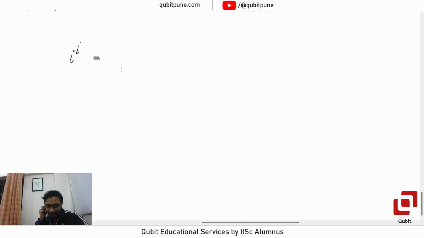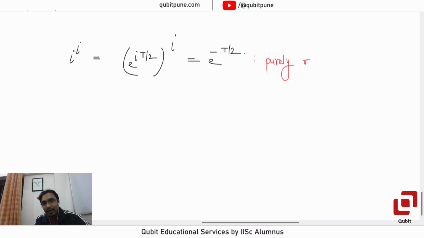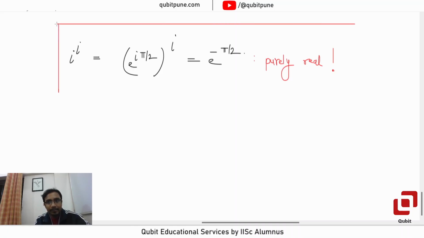This is a very popular question in engineering mathematics. For i raised to i, you have to write i as e to the power i pi by 2. And then when you raise it to i, it is e to the power negative pi by 2. So i raised to i is purely real.